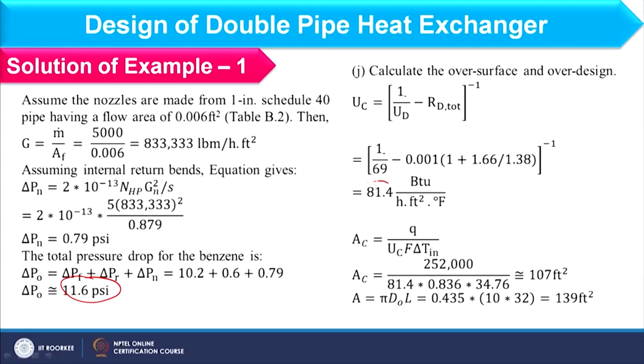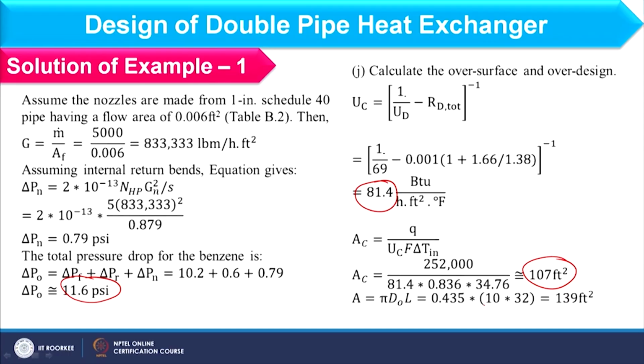Now, finally, we have to find out that how much over design we are considering. So, that we have to calculate overall heat. So, for that we have to calculate area for clean condition and for dirt condition. Okay. So, you can calculate overall heat transfer coefficient at clean condition, and area you can obtain as 107 feet square, right.